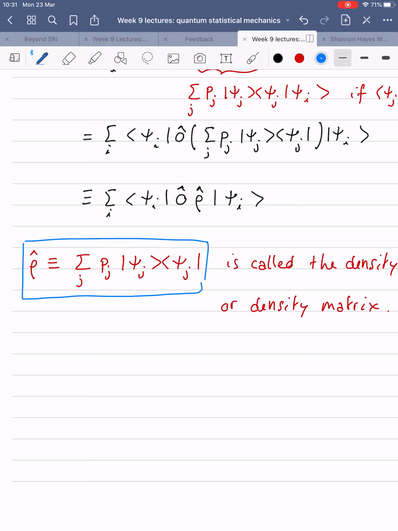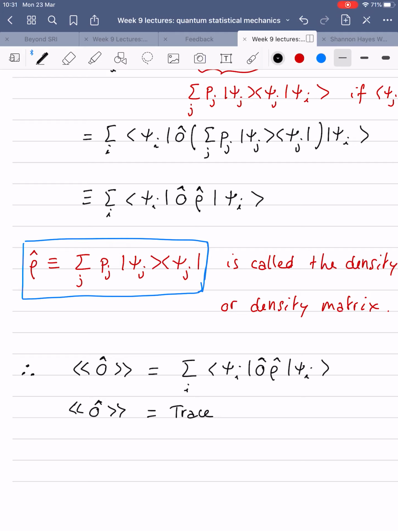It's a tool that helps us characterize mixing quantum and probability theories, and what we get as a result is that the average of O is therefore equal to the sum, so this is something I'm just rewriting, <psi_i|O rho|psi_i>, but this is basically the same, and that's a very common way of writing it down, as the trace of the linear operator O rho.